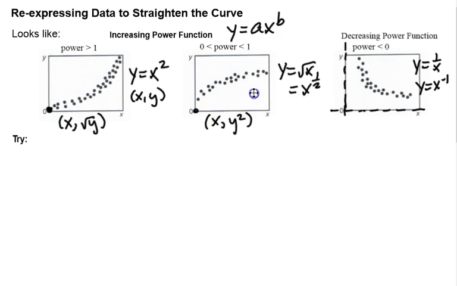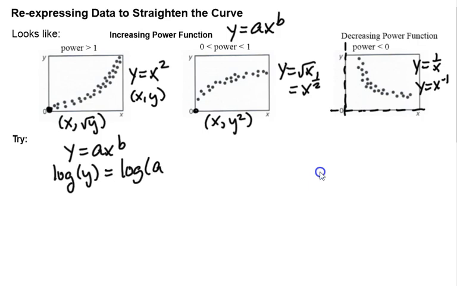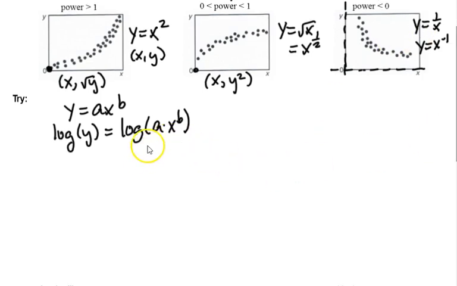However, in the interest of time, and also equally effective, is a method that will straighten out any power function. And it's using logarithms. So starting with our basic equation of a power function, if we were to take the log of both sides of this power function and just apply a couple of log rules, and I'm going to write this as a times x to the b for the purposes of what I'm about to do, we can remember that the log of a product is the sum of two logs.